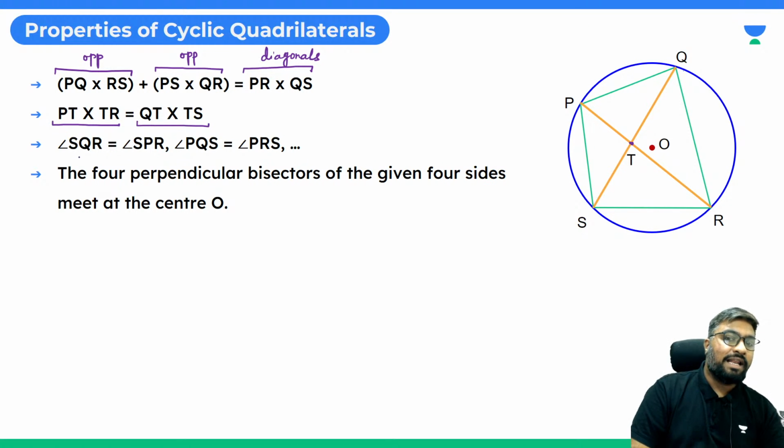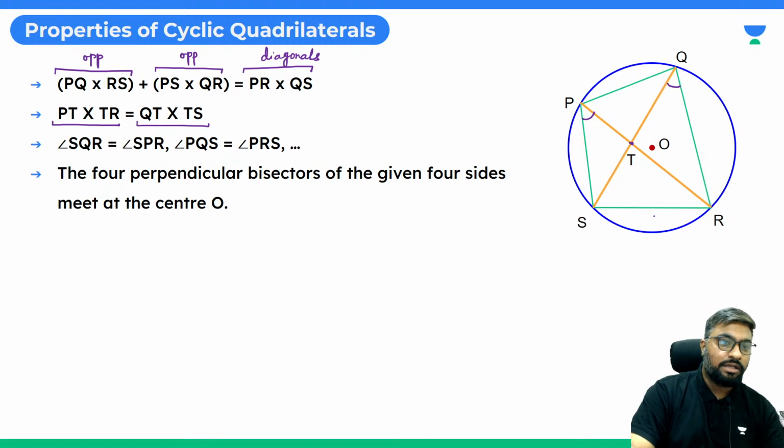Next, angle SQR, this angle, will definitely be equal to angle SPR, this one. Why? Because this is the angle subtended by the same arc. SR is the arc, so SPR and SQR are both joined to the same arc.